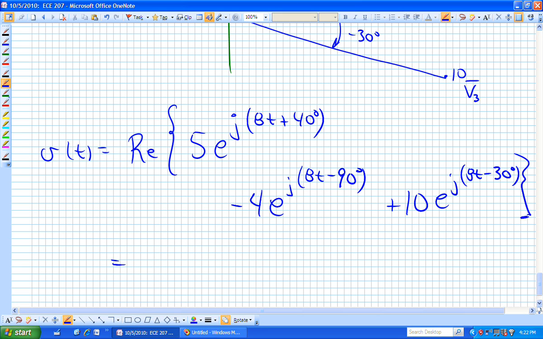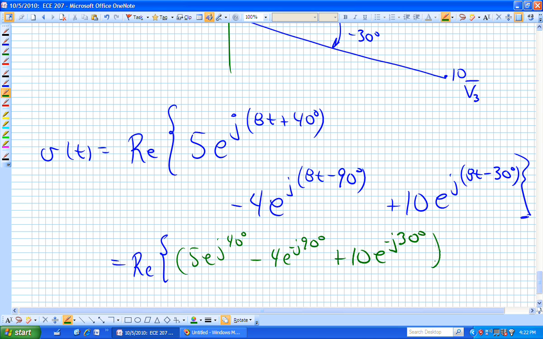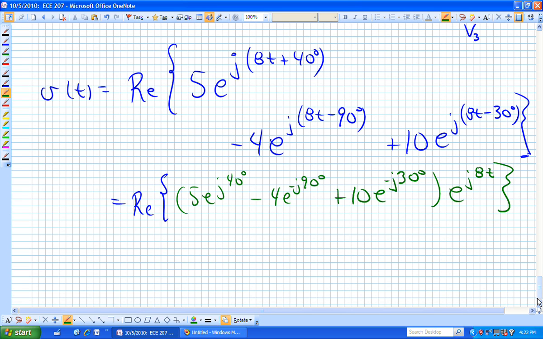I now can say, okay, well that's the same as the real part of 5e to the j40 degrees minus 4e to the j minus 90 degrees plus 10e to the j minus 30 degrees, all times that same spin, e to the j8t, and that's just factoring out that spinning exponential.